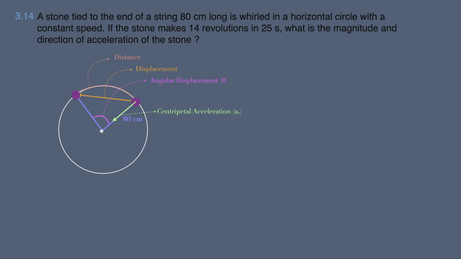Now let's calculate its magnitude. Centripetal acceleration is given by a_c equals omega squared into r. Here, omega represents the angular velocity, and r represents the radius of the circular path. In our case, the radius is simply the length of the string. So now we need to calculate omega. Angular velocity is equal to angular displacement divided by the time taken.